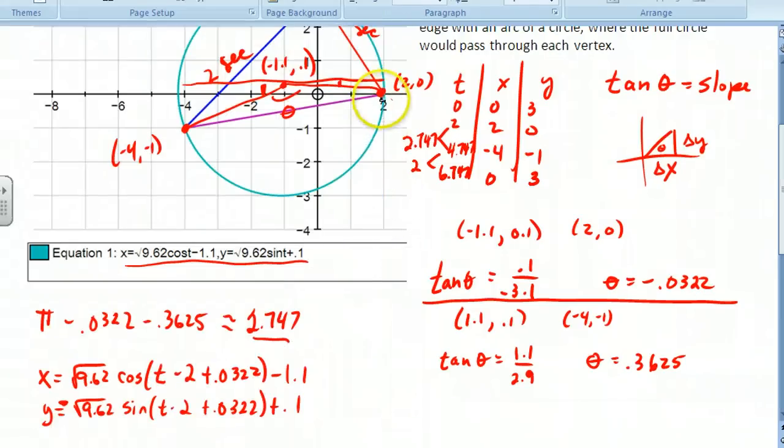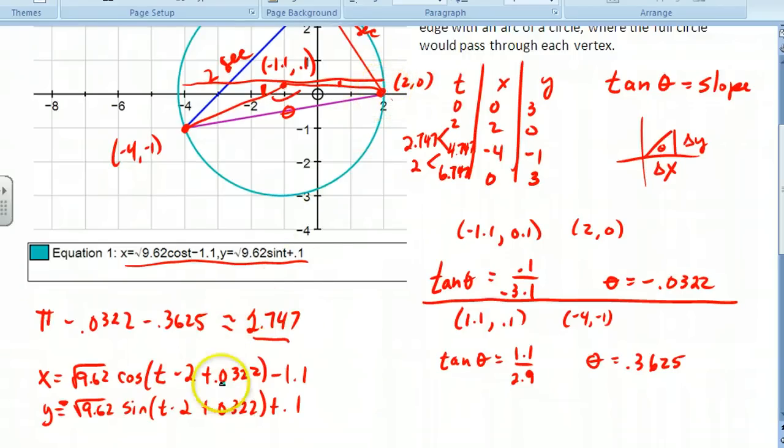The last thing is, yes, I put this into my equation here because if you start a regular cosine graph right here, it's going to start straight across. So if I did not do this extra 0.0322, I would be starting right at this point on my graph rather than this one here.